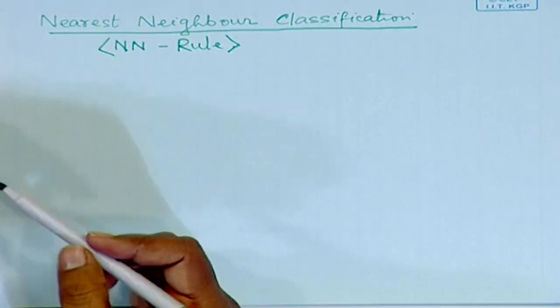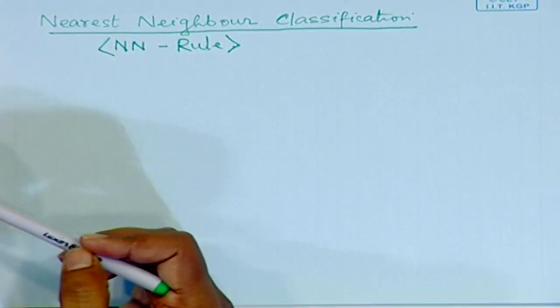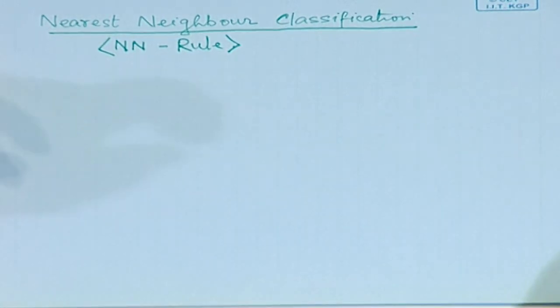When you use this technique, instead of trying to design any classifier or discriminant function for any of the classes, I have a set of training samples coming from different classes. If it is a 2-class problem, I will have training samples from 2 different classes. For a C-class problem, I will have training samples from C different classes.